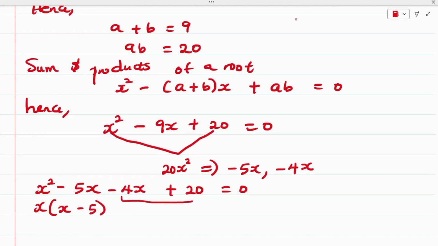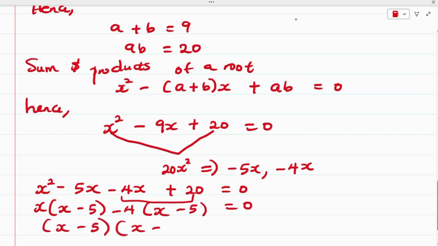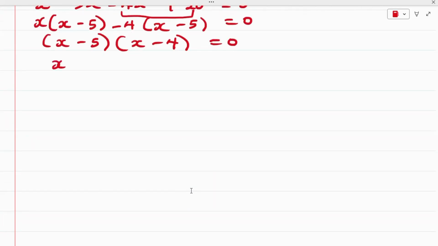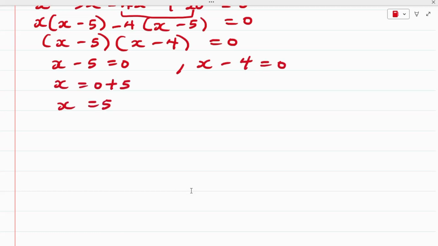Then for the both of them right here, we have minus 4 to be common. So we have x minus 5 multiplied by x minus 4 and this is equal to 0. So this becomes x minus 5 equals 0 and x minus 4 is equal to 0. So x is equal to 0 plus 5 and x is equal to 5. And here we have x is equal to 0 plus 4 and x is equal to 4.